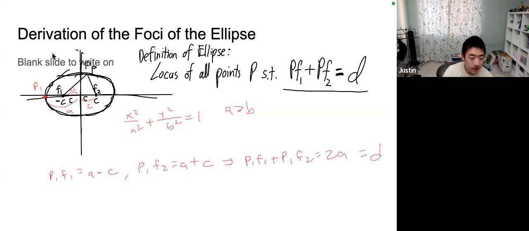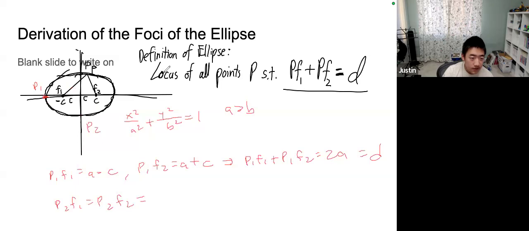Now let's consider a point that's on the y-axis, this point, P2. Now P2F1 is equal to P2F2.